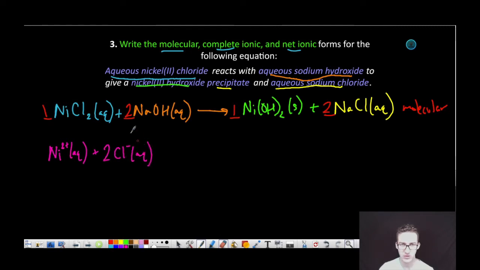And again, we're doing 2 chloride ions because for every 1 nickel, we're going to get 2 chloride ions in solution. Then we're going to get 2 sodium ions, this time because we got the coefficient of 2, and 2 hydroxide ions. All in solution there, indicated by the aqueous nature in our molecular equation.